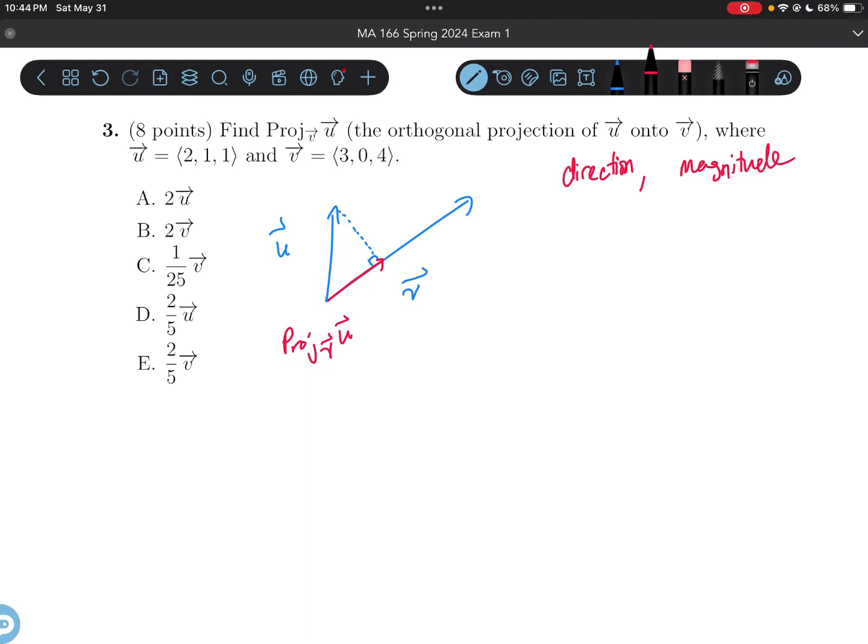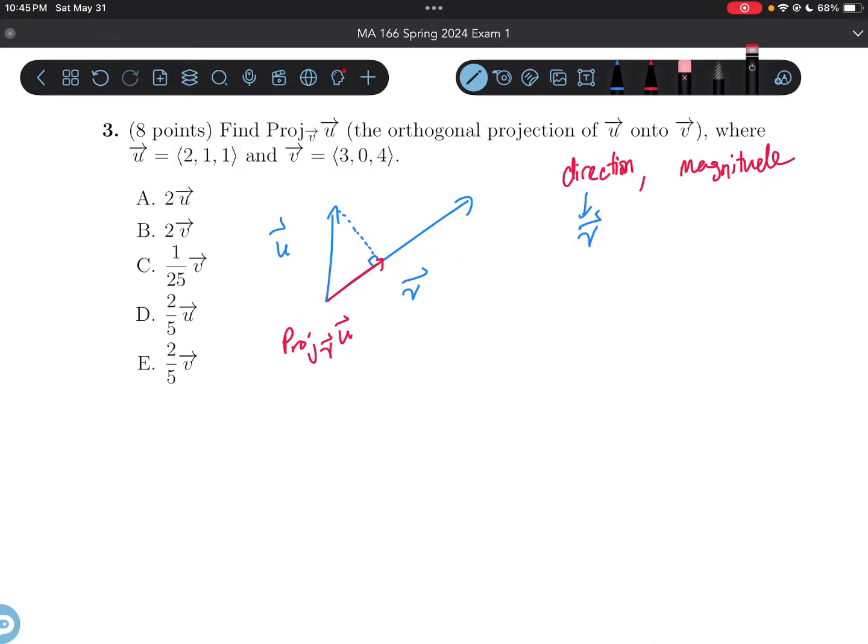So the direction is quite easy. Since we're finding the projection of u onto v, this is directly on top of v, so it's pointing in the same direction as v. So the direction is v, but more importantly, we want to think of the direction in terms of the unit vector. The unit vector is a vector that has a magnitude of 1.